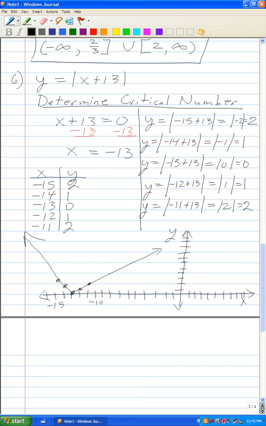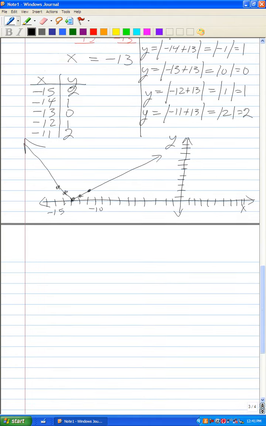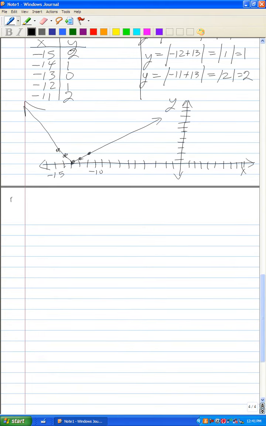Okay, let me do problem number 7. Negative 3, negative 8, negative 6, negative 9. You want to write the equation of a line through these 2 points, and you want to write your answer in functional notation.